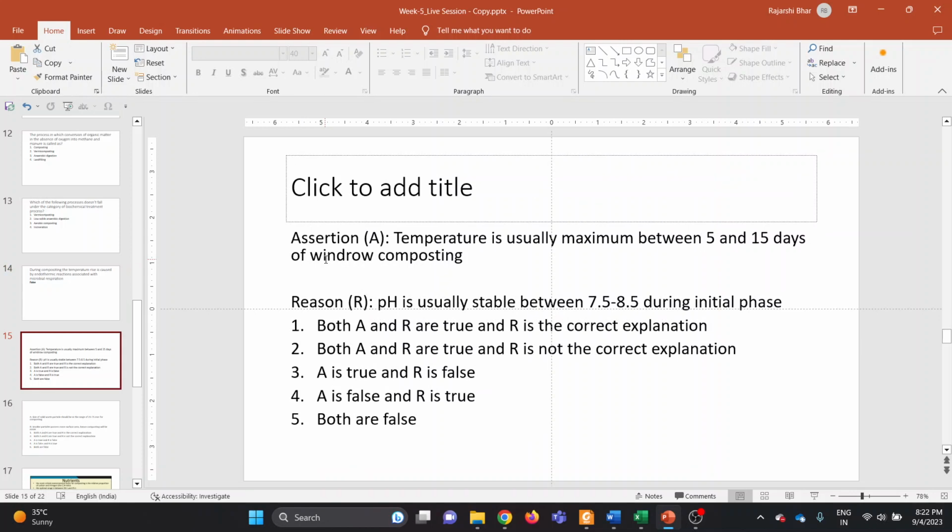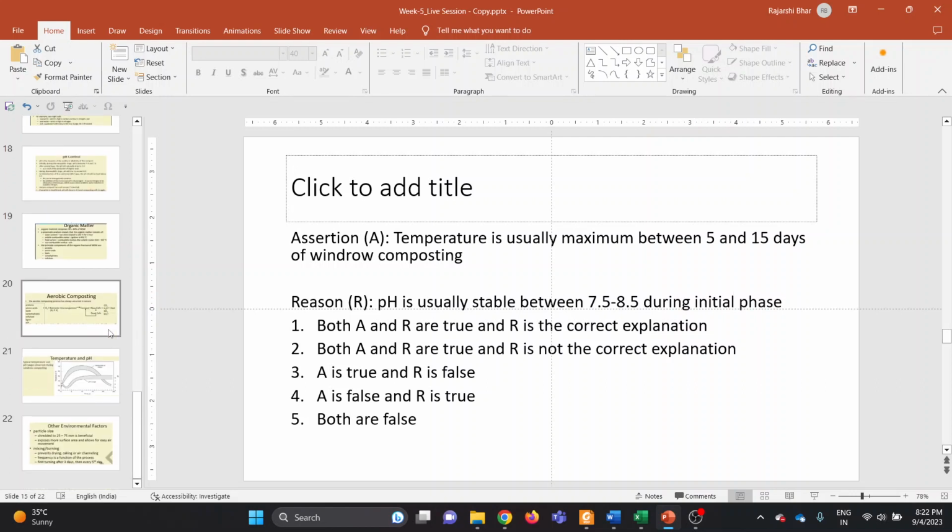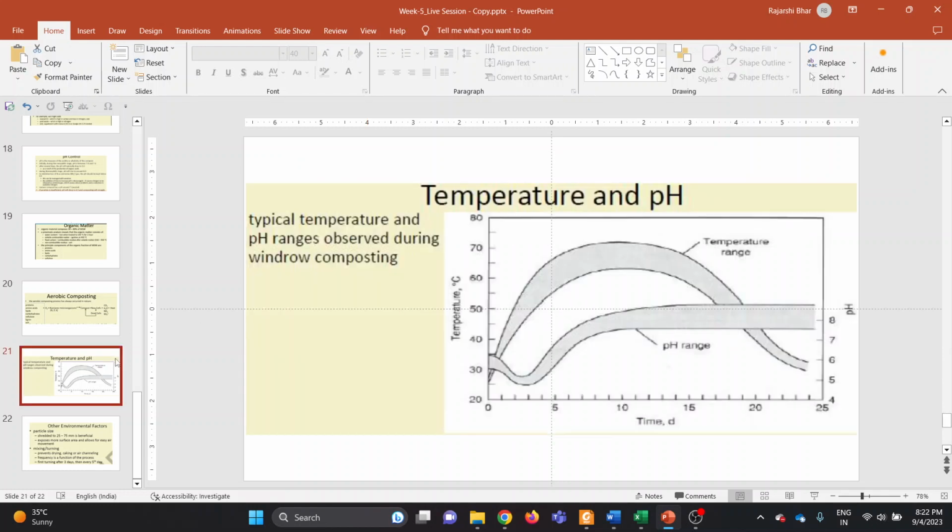Next was an assertion and reasoning based one. The first statement states that the temperature is usually maximum between 5 to 15 days of composting, and the reasoning originally provided is that pH is usually stable between 7.5 to 8.5 during the initial phase. So here, option A was correct, that is A is true and R is false. Why?